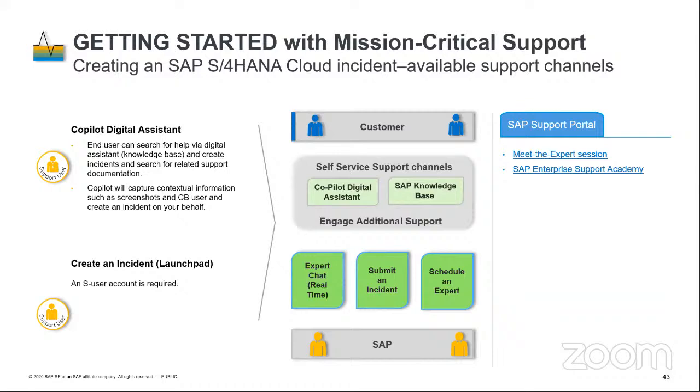This is like the normal One Support Launchpad. You need to provide specific information about the incident, such as user ID, subject or short description, and the priority. The incident will be created for you in the support launchpad, where SAP will continue processing of the incident.